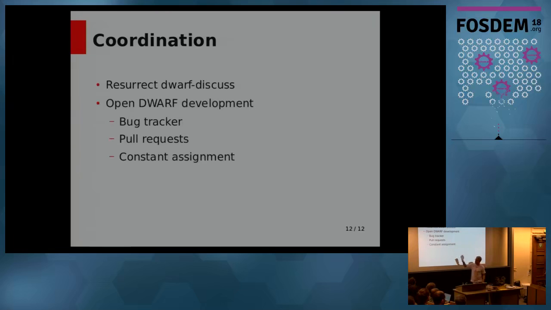So what I would like to propose is, since DWARF is the logical clearinghouse for these kinds of things, we should resurrect DWARF discuss, and not let things get pushed into the bug tracker right away. Ideally, I would like to see DWARF development be more open. Plenty of projects are on GitHub.